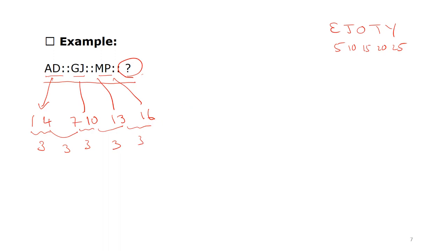So my next two numbers in the series would be 16 plus 3, which is 19, and 19 plus 3, which is 22. The letter associated with 19 is S, and 22 is V.